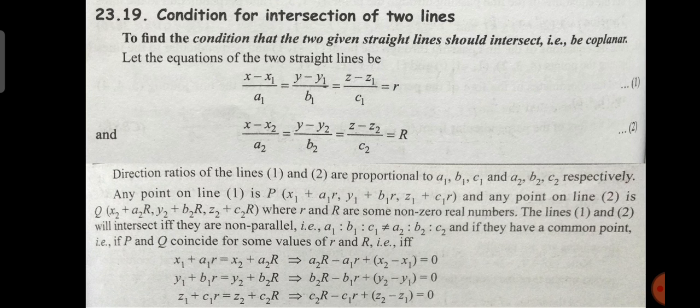That means the direction ratios are not proportional. And they have a common point if P and Q coincide for some values of small r and capital R. That means the first coordinates, second coordinates and third coordinates of the points are equal.